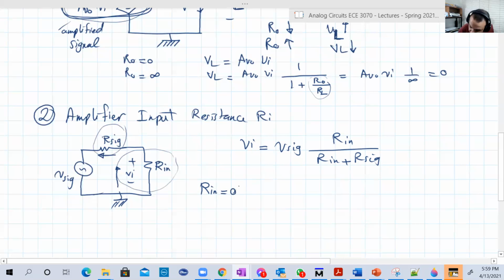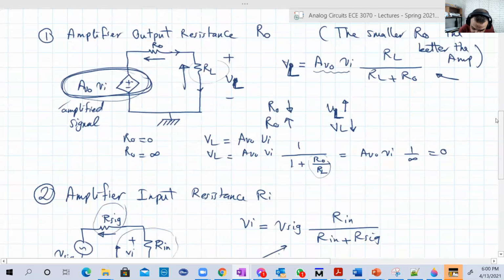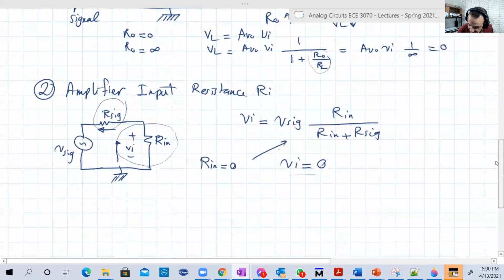If R input is equal to 0, just substituting here, VI will be 0. That's really bad. If VI is 0, then the output or V load will be 0. No amplification. Bad. That's basically attenuation; we just killed the output.